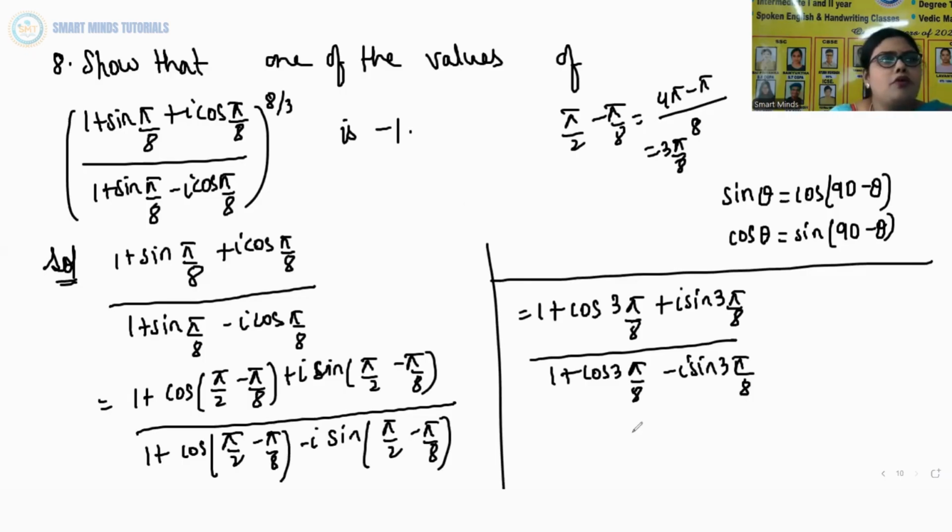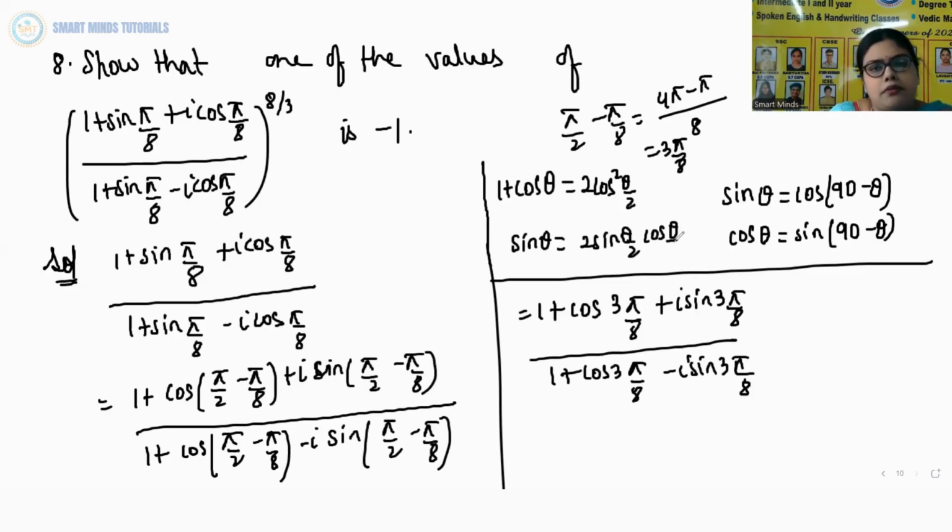Now we use one more concept of trigonometry: 1 + cos θ can be written as 2 cos²(θ/2), and sin θ can be written as 2 sin(θ/2) cos(θ/2).